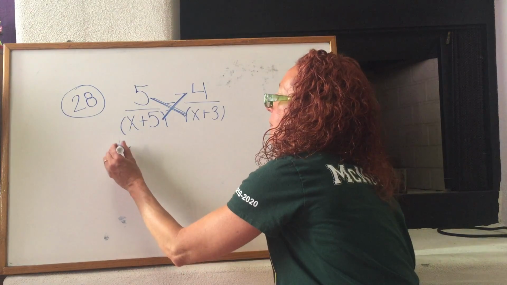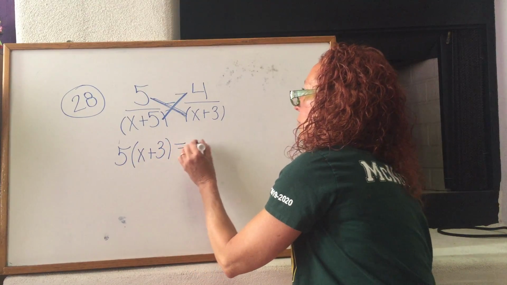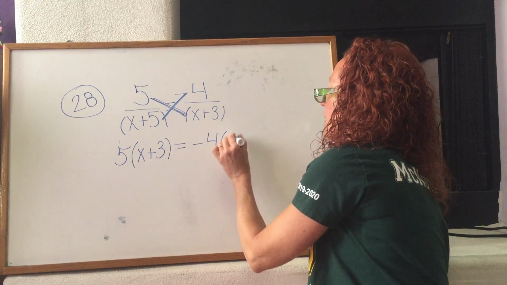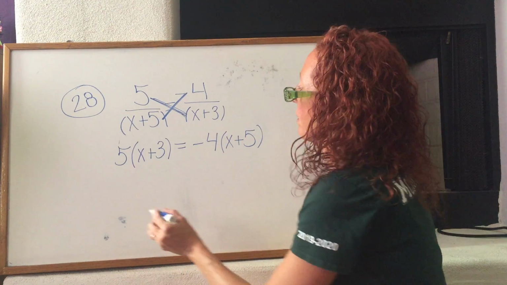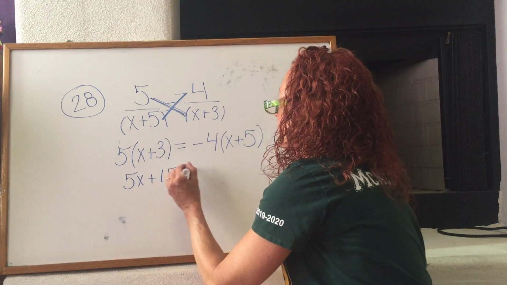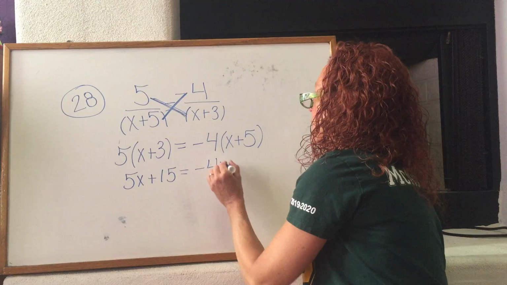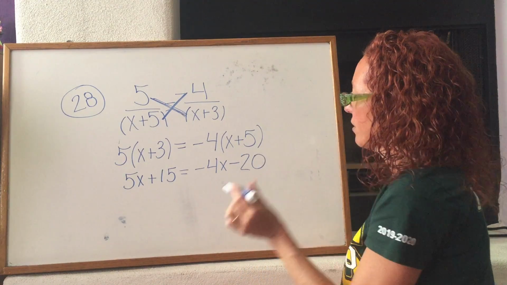Let's do this again. So 5 parentheses x plus 3 equals negative 4 parentheses x plus 5. When I started doing these videos, I probably would pause and go back and redo all those other problems, but I know you will forgive me. And so there's our proper way to do that.